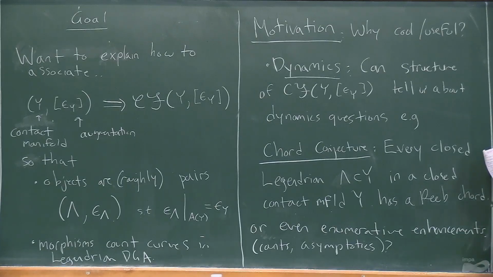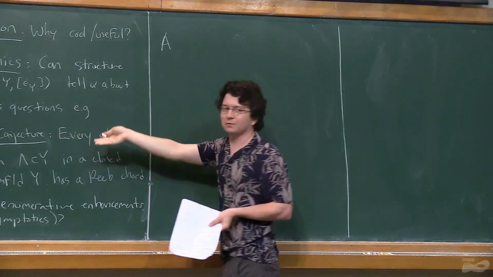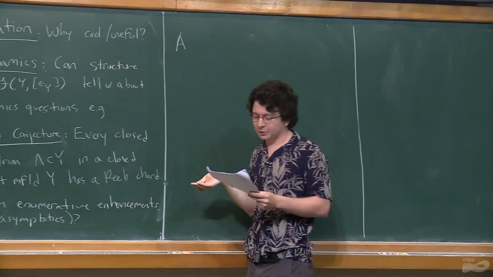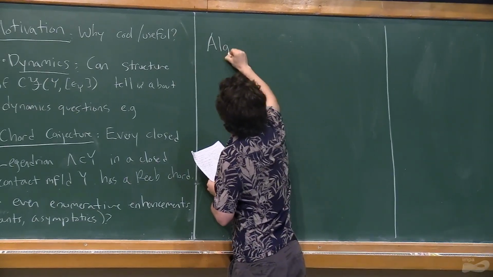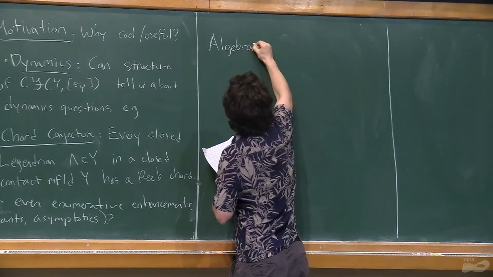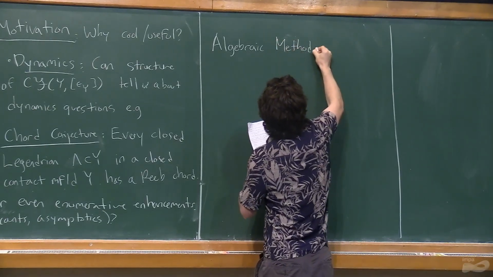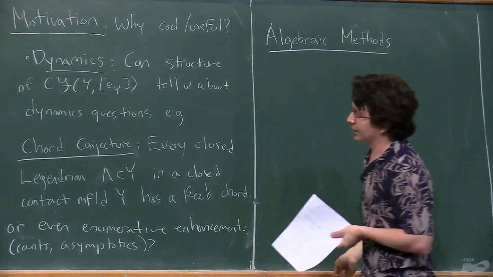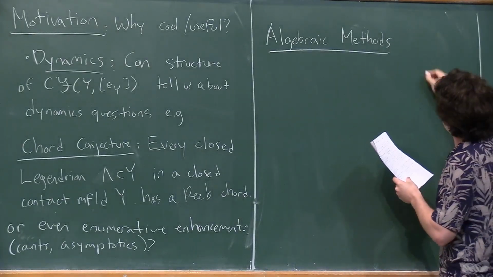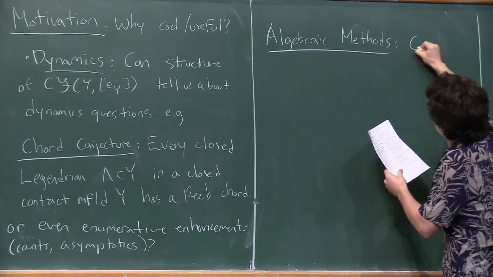So why might it be useful to have this category? You could have asked this question for the original Legendrian DGA. Another reason why it might be a cool idea to have a category like this around is because it gives you more algebraic methods.